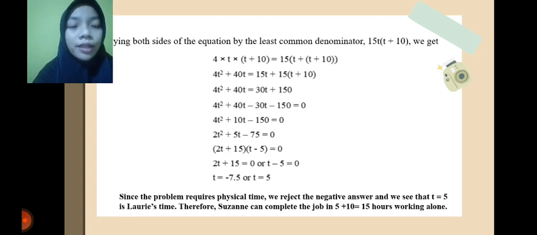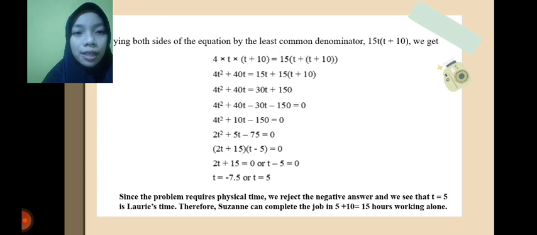We divide all sides by 2. So 2t squared plus 5t minus 75 equals 0. With factorization, we get (2t + 15) times (t - 5) equals 0, and then we get 2t plus 15 equals 0, or t minus 5 equals 0, and then we get t is minus 7.5, or t equals 5.